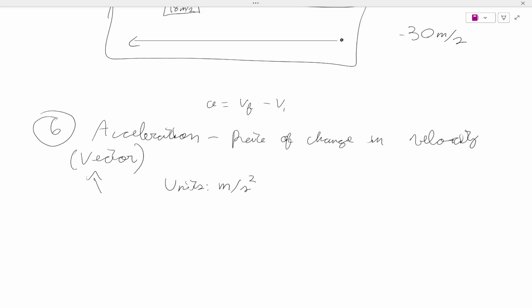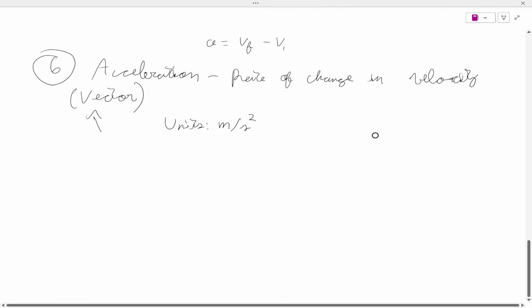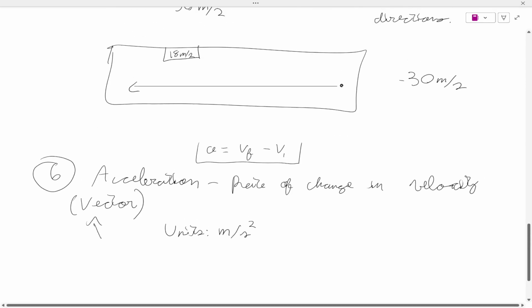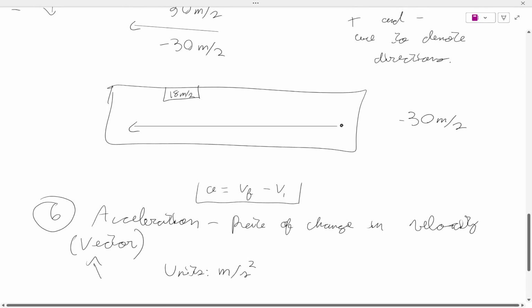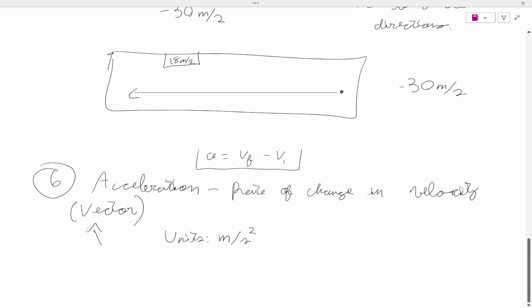So this is another important thing. There's a lot of mistakes that can happen if you don't understand what's going on. So let's take the equation I just put down over here. Let's take the example actually. My initial velocity, let's say I started off with 20 meters per second.